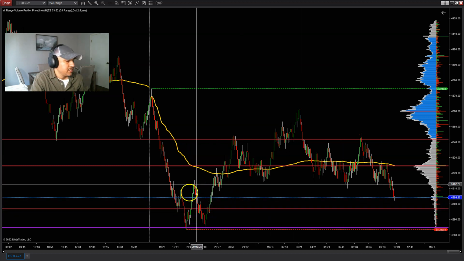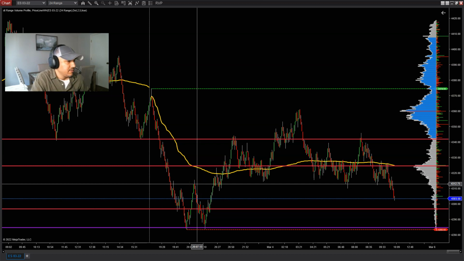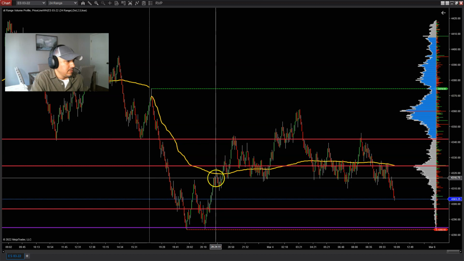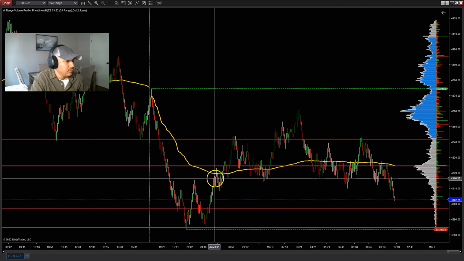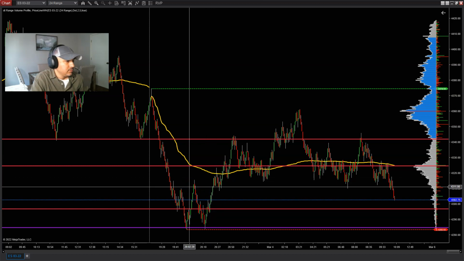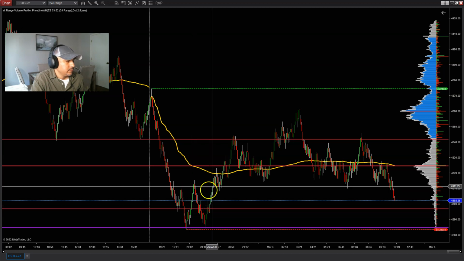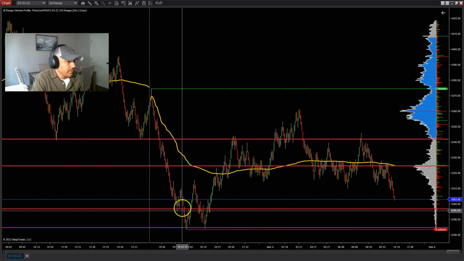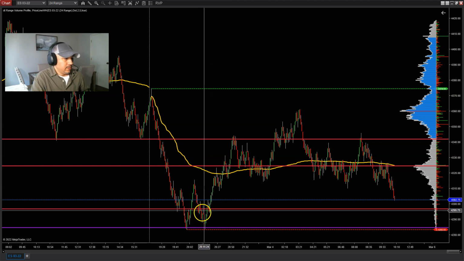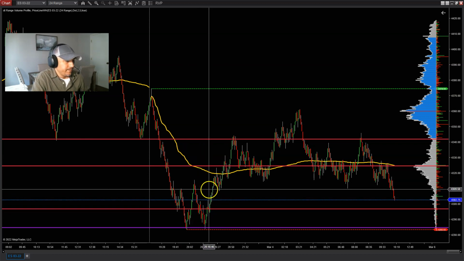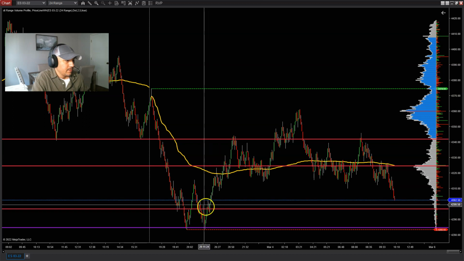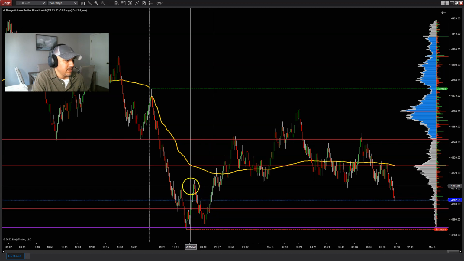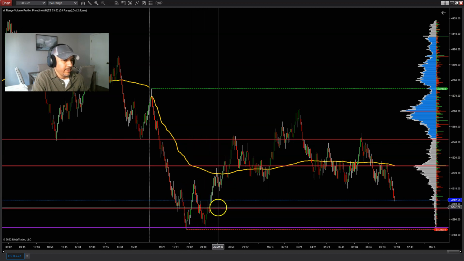This is off the 24 range now that I'm marking an area off of, just trying to see if price would come back into this area. Let's see. Oh boy. Yeah, let's see if price comes down to this area down here, what happens.